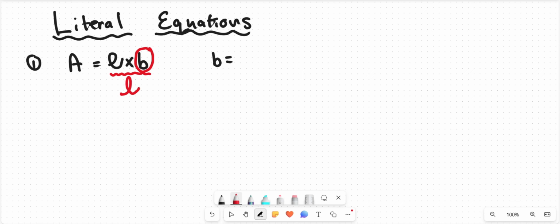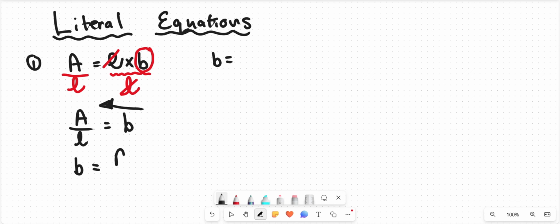So I would divide by L there, and I would divide by L there, and so these would cancel, and so area divided by length is equal to my breadth, right? So I could leave it like this, but I always like putting it the way they wanted, which is writing it so that you read this side, which says B is equal to the area over the length.